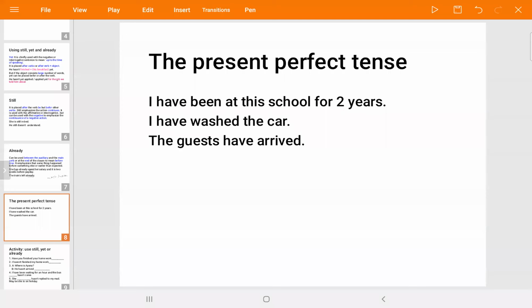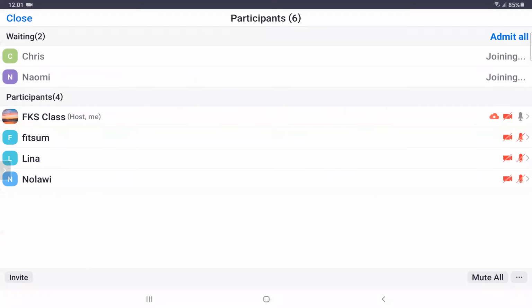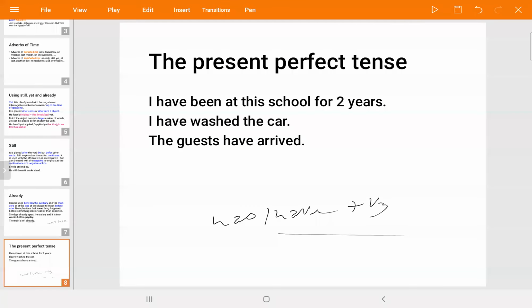Let me remind you. Verb 3. The form of this belongs to both the present and the past time.